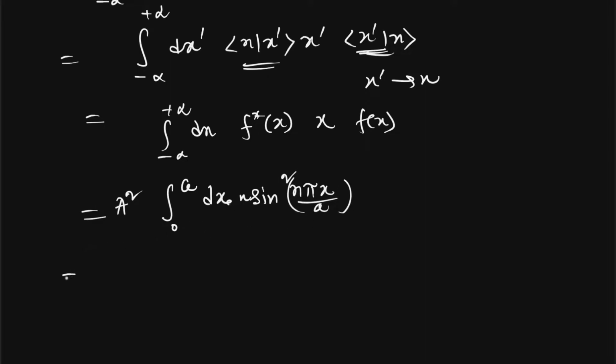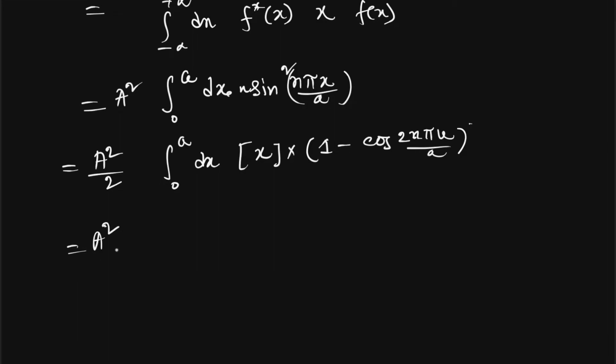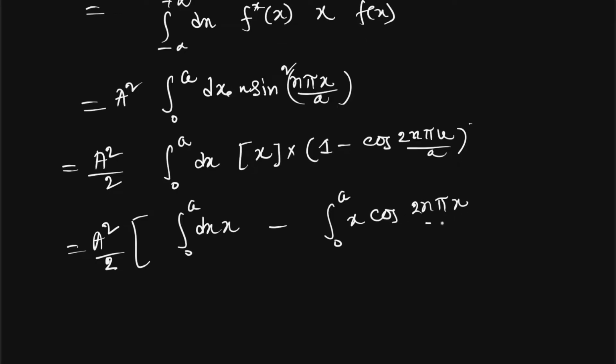So let us calculate the value. That means (a²/2) ∫₀ᵃ dx x (1 minus cos(2nπx/a)). So first we will get (a²/2) ∫₀ᵃ dx x minus ∫₀ᵃ x cos(2nπx/a) dx.